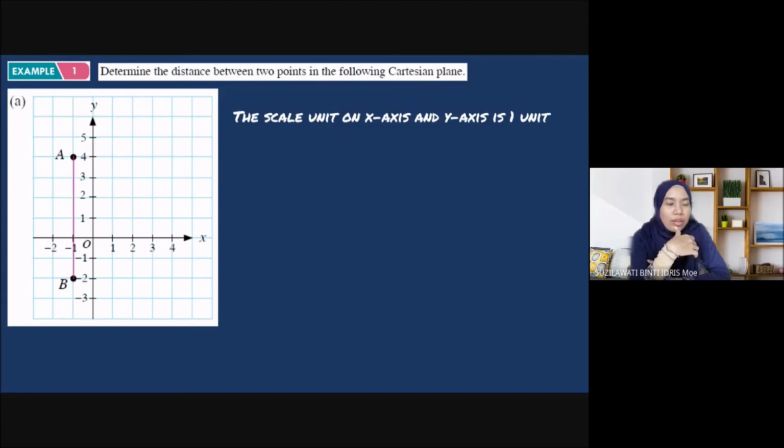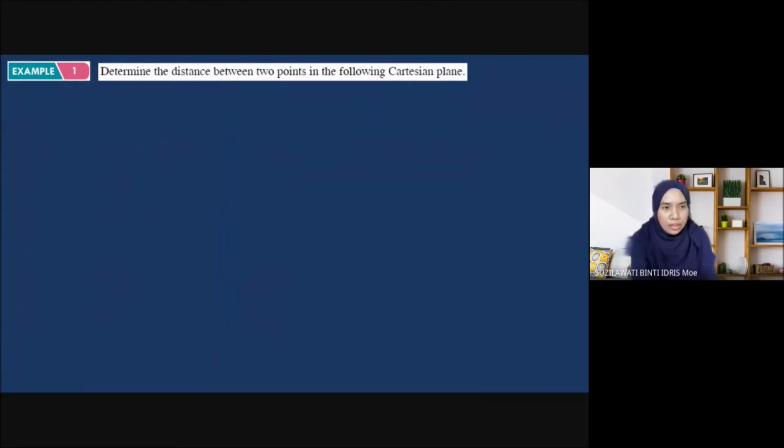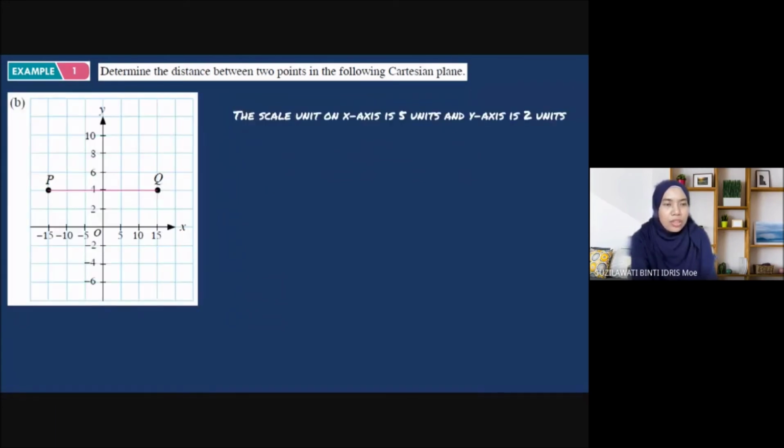The scale unit is 1 unit lah. Distance of AB will be 6 times 1. Why 6? Okay, 1, 2, 3, 4, 5, 6. So the distance will be 6 units. Senang saja. Next, kita tengok diagram berikutnya.